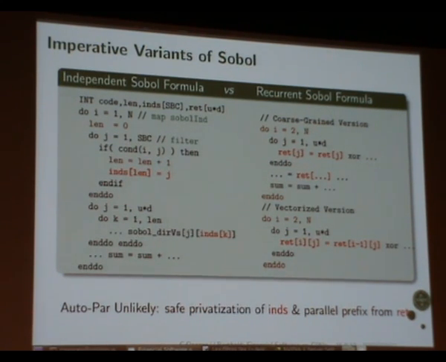And the problem is that this len is not a closed form induction variable, which means it cannot be expressed just in terms of i because it's conditionally incremented. So the compiler will not be able, typically in most commercial compilers and also research compilers, to prove this invariant. And here we are seeing in the same way that it's very difficult to actually recognize a scan.